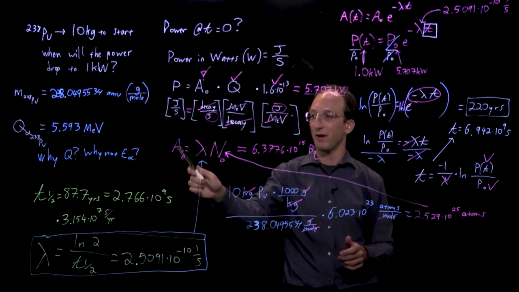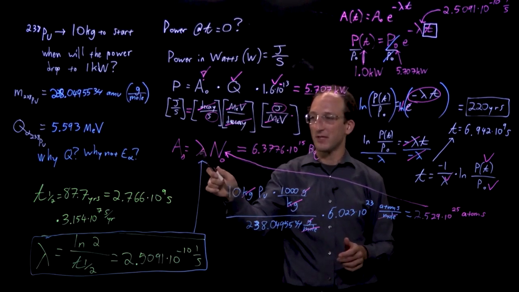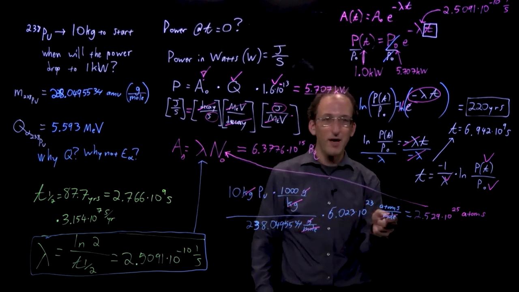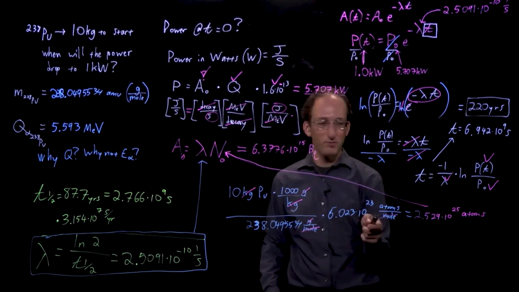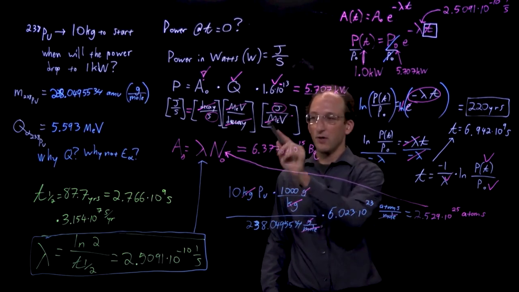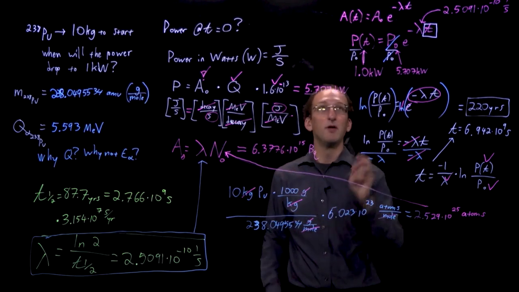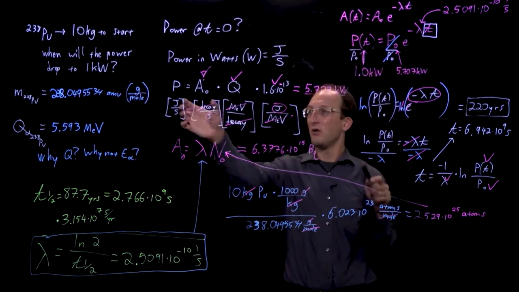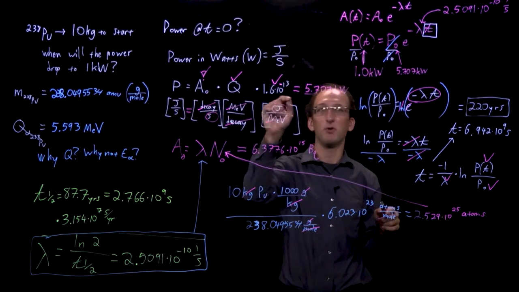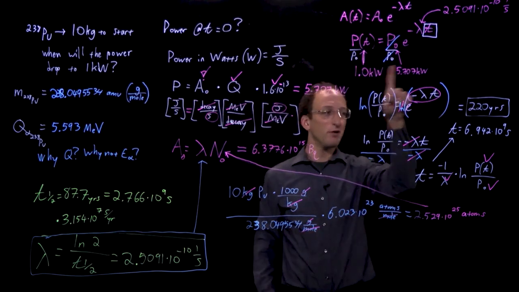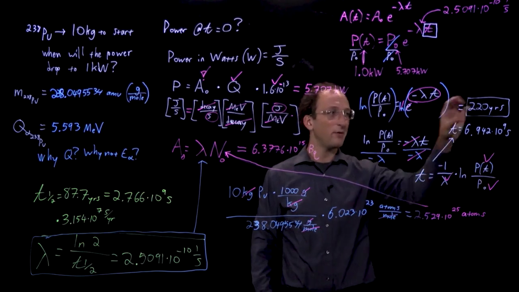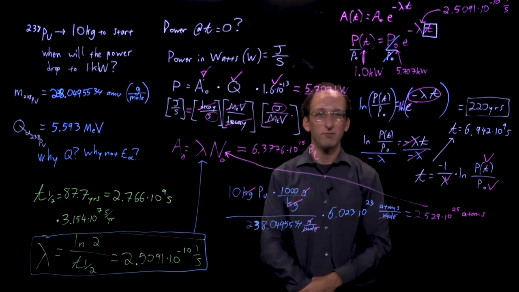We noted that the radioactivity is the same as the decay constant times the number of atoms. We had to find the number of atoms, like in chemistry, using its molar mass, which we did. We found its initial activity. We changed our radiation equation to a power equation, noting that these two are directly proportional to each other. We rearranged a little bit of things, found an expression for t, and were able to find a relatively reasonable answer.